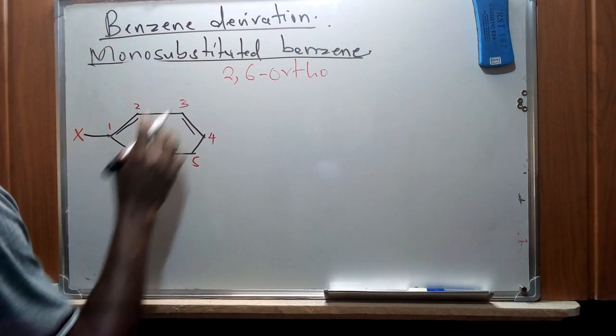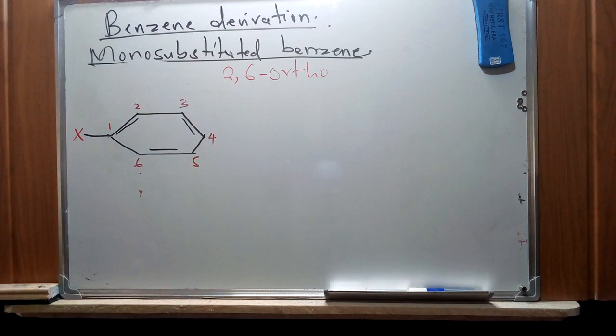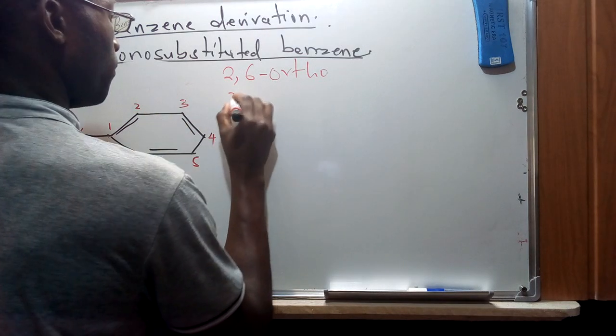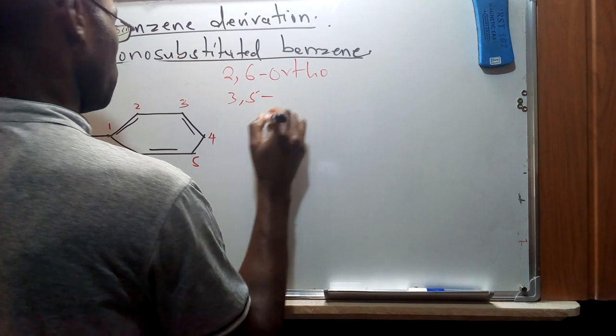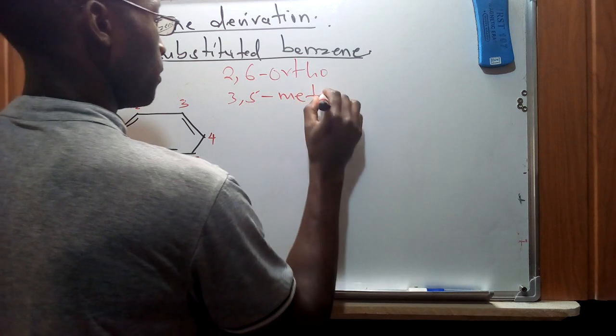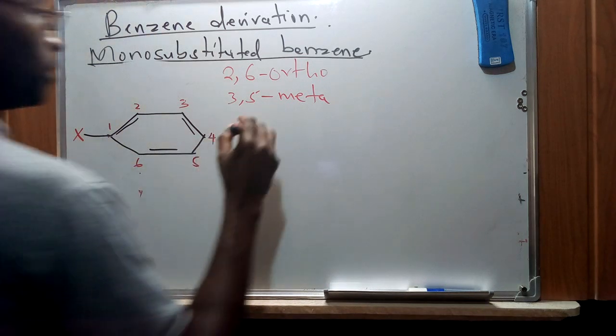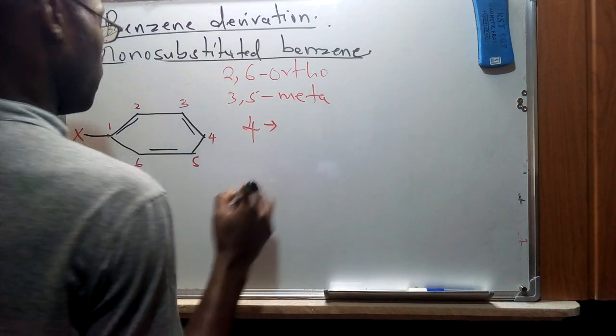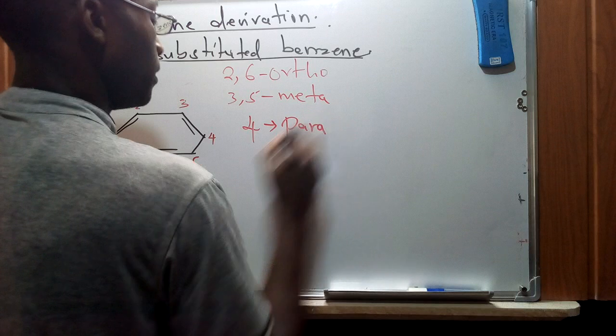And then a substitution at point number 3 and 5 is referred to as meta substitution. And then the substitution at point number 4 is known as the para substitution.